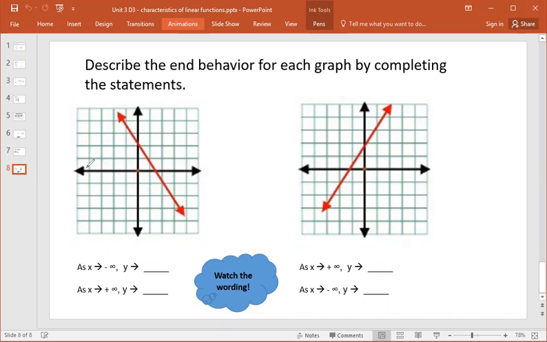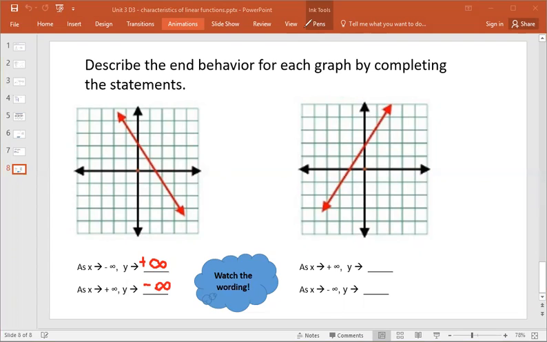As I go into this left section, the graph is actually going up. So y is approaching positive infinity. And you can even put the positive there. Okay, as x approaches the right, the positive numbers, what's happening to the graph? It's actually going down in this section. So y is going down to negative infinity.